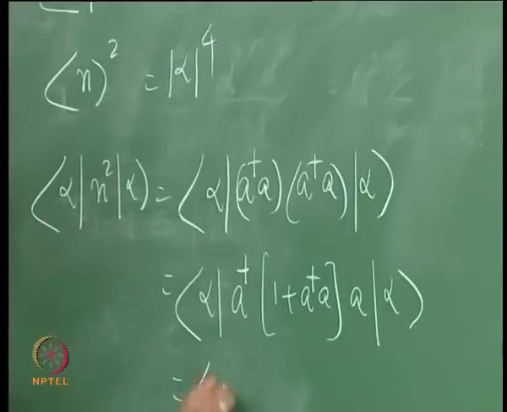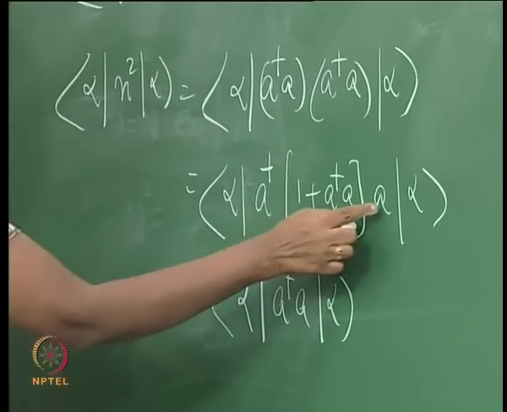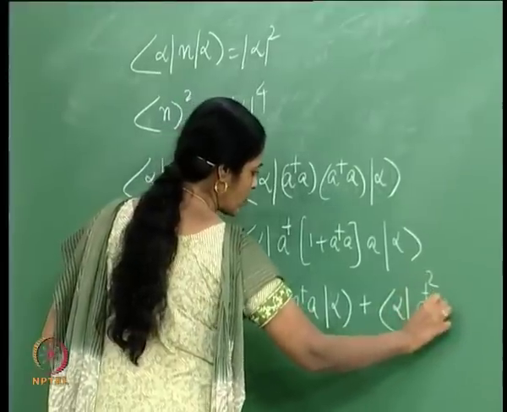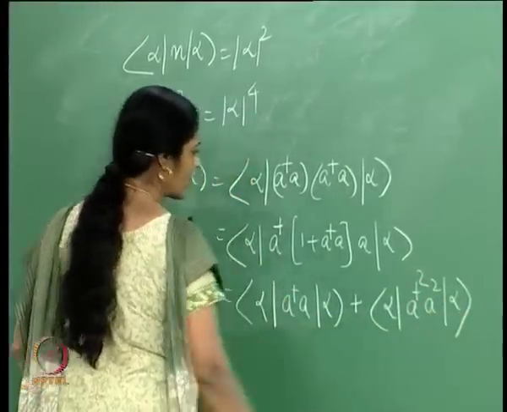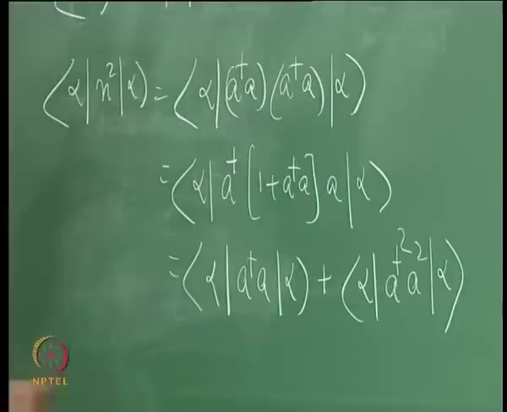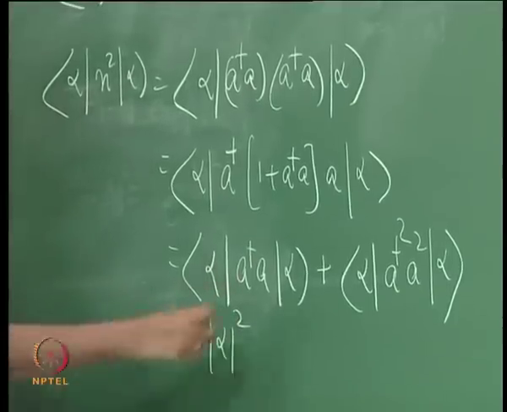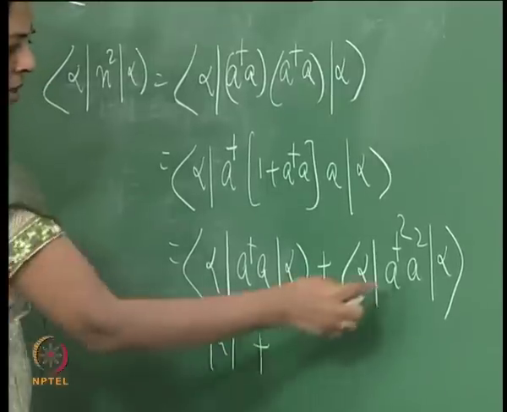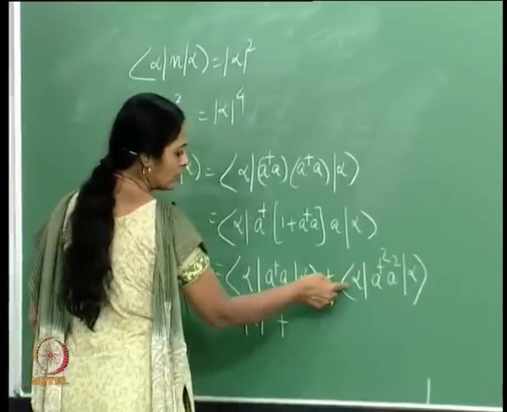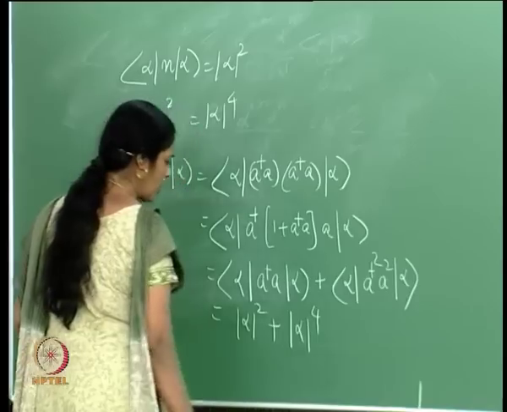So, this quantity is alpha A dagger A alpha, that is my first term, and I have an alpha A dagger squared A squared from the next term. But this I know is mod alpha squared, and A squared on ket alpha gives me alpha squared, and A dagger squared on bra alpha gives me alpha star squared. Therefore, this gives me mod alpha to the 4.